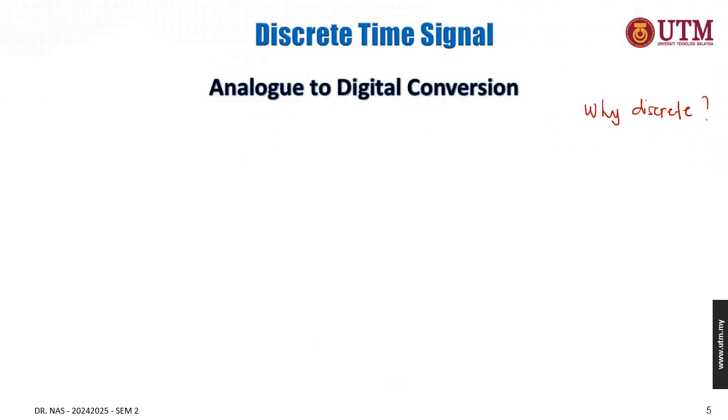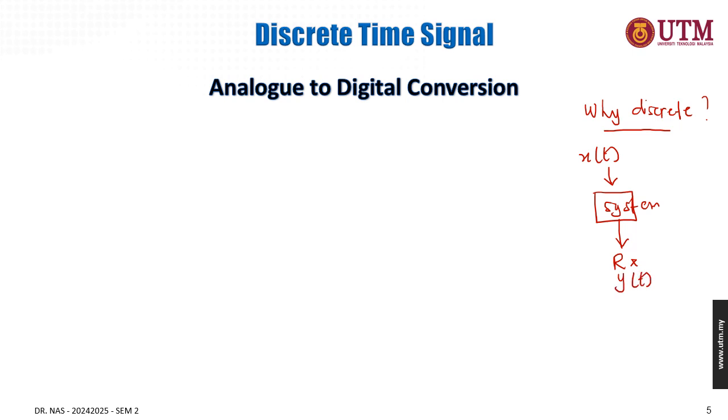Why do we basically need discrete signal or digital signal? In the earlier system, the input is a continuous time signal, transmitted into a system that processes it and then transmitted to the receiver, and the output y(t) is received.